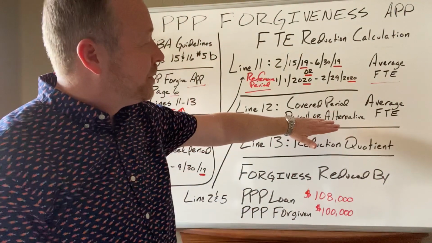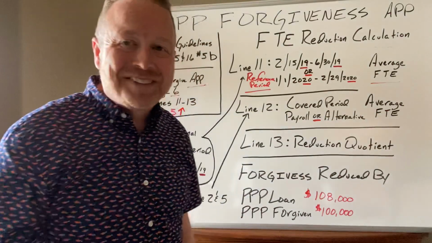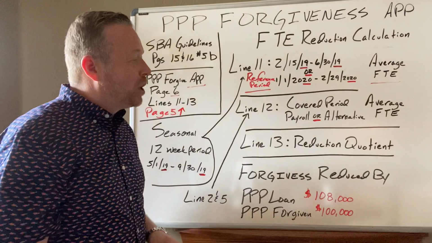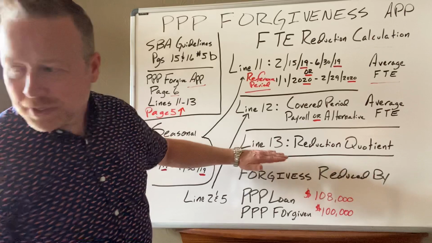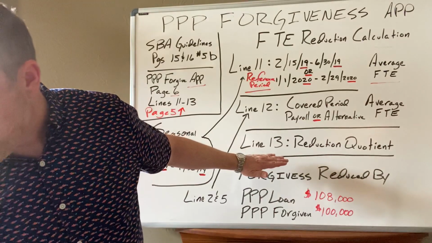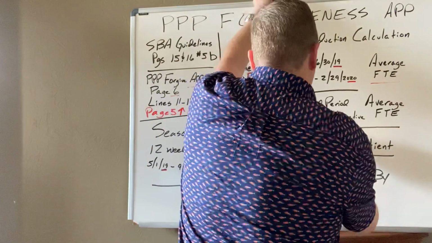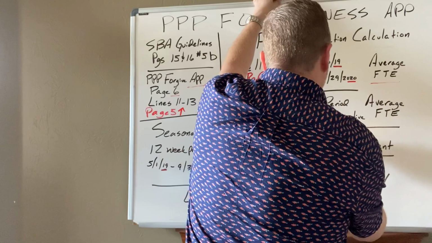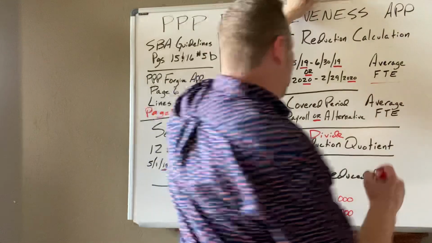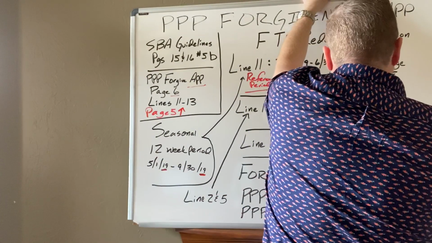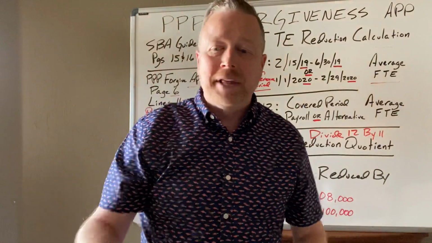But my point is, you're picking whatever period you're using to determine your FTEs, your average full-time equivalent employees. Then line 13 is, we're going to divide line 12 by line 11. So it says it right here, divide 12 by 11. So I'm getting ready to get to the end.